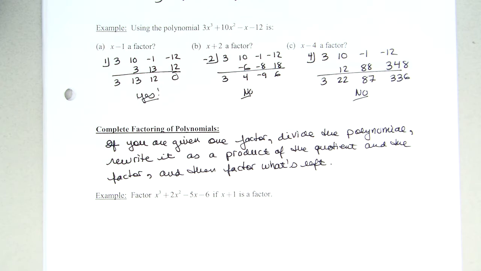If you're given one factor, we'll divide the polynomial, rewrite our polynomial as a product of the quotient and the factor, and then factor what's left. I got to show you how to do this.